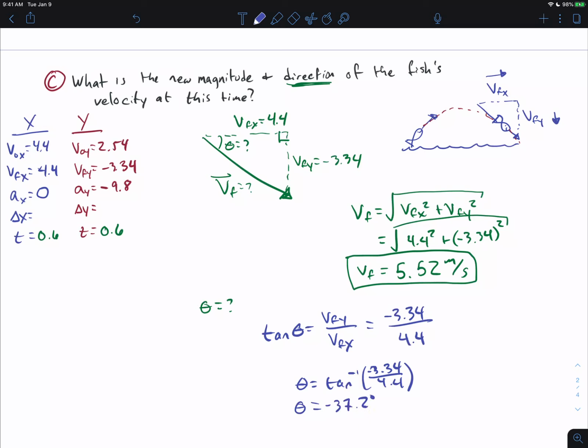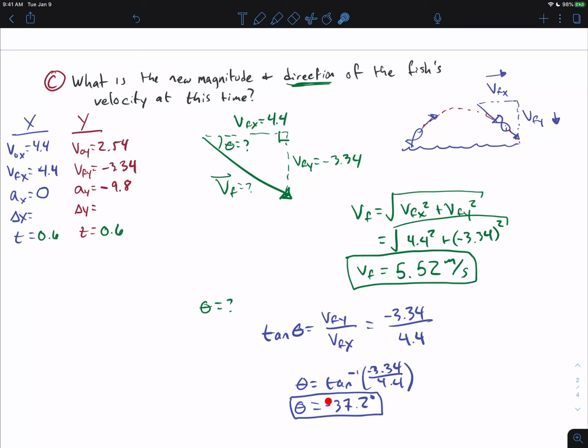So remember, when we do this, if you get a very tiny number, make sure you check which mode your calculator's in. Degrees should be a slightly larger number like this. And this will be it. Both of these together will give me my velocity. Magnitude and direction need to combine to give me my velocity.